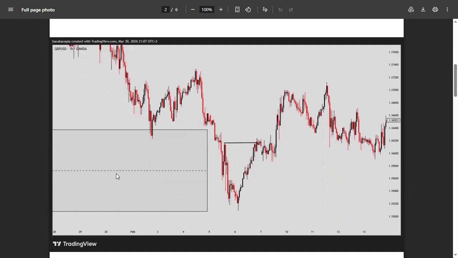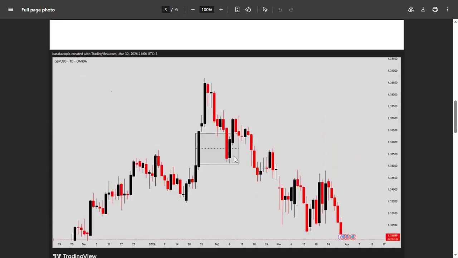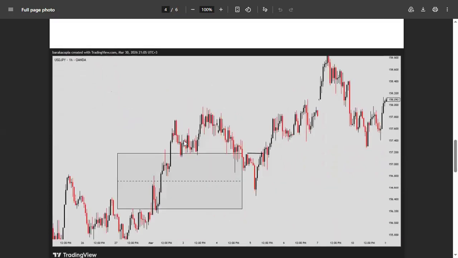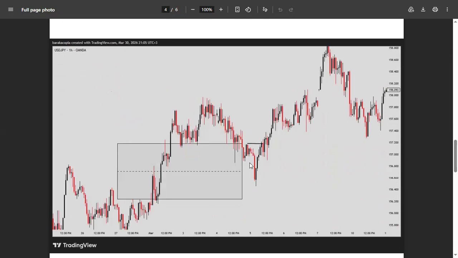This was the gap, the daily gap. The market changed character, and we have a structure for us to trade. That's a simple way of trading this. You see, reaction to the fair value gap in the daily, you go to the 1 hour, change of character, inside formation, boom.